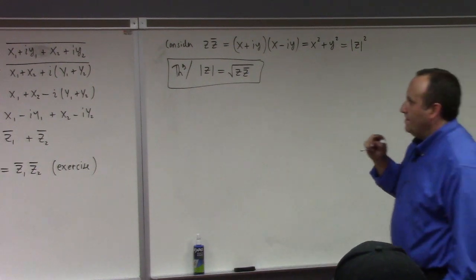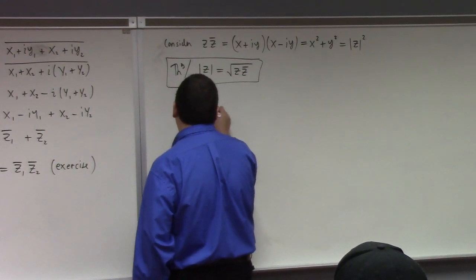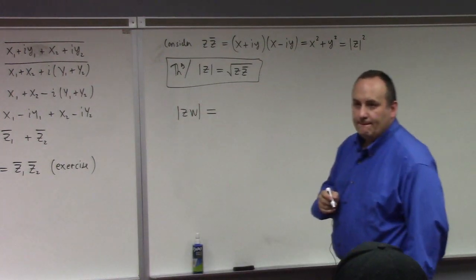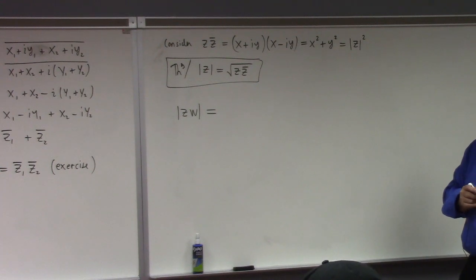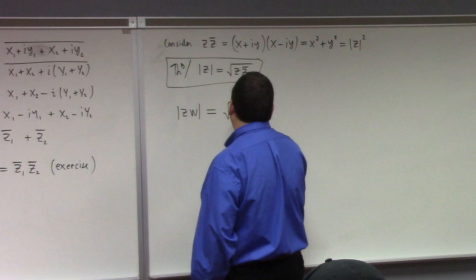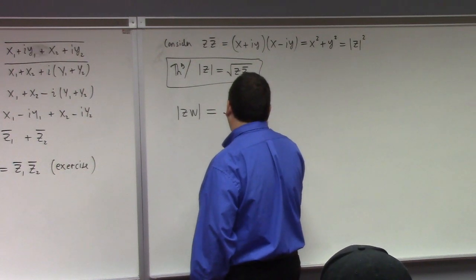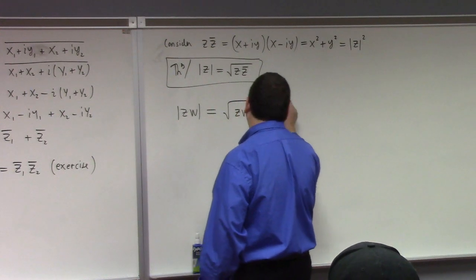So how about this? What if I calculate the length of a product of 2 complex numbers? How's that go? What would that be? Well, it would be the square root of zw times zw bar, using my newfound theorem.